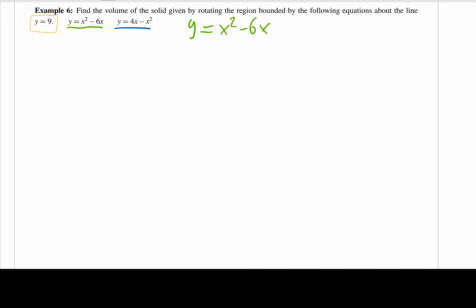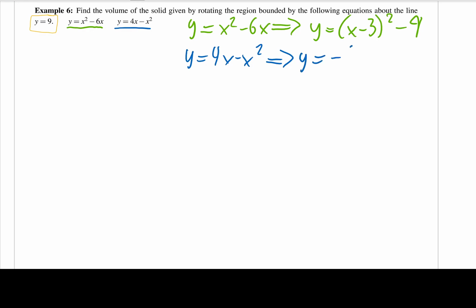So this is y equals x squared minus 6x. So we'd get y equals x minus 3 squared minus 9. And then we'd have y equals 4x minus x squared. Implies that this would be y equals negative x minus 2 squared plus 4.